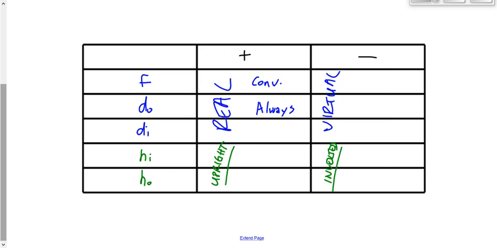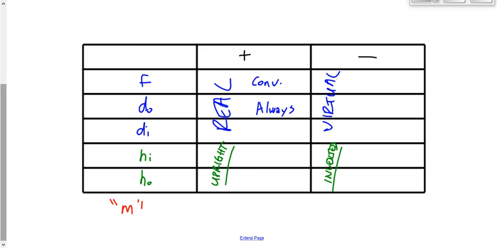And finally, the one that doesn't really fit in this table, the one that doesn't really go with FDODI or HI and HO, in the spirit of Christmas with lights going on everywhere at night in Okotoks here now, let's make this one red.